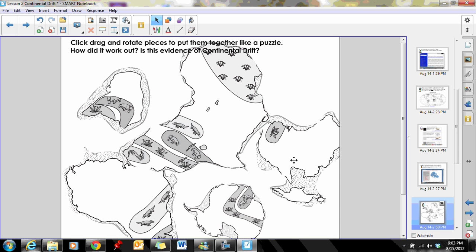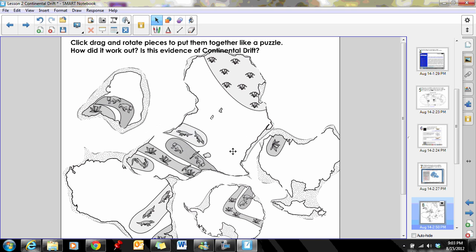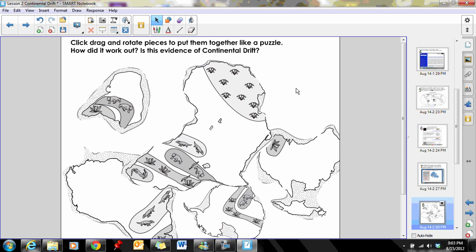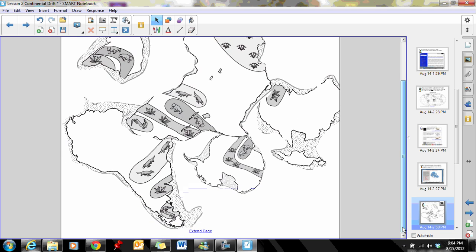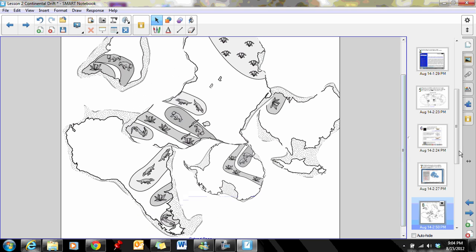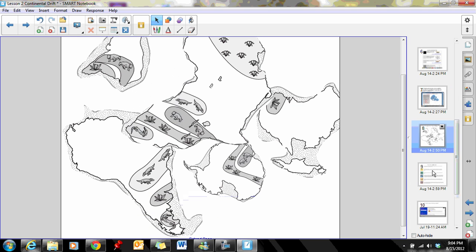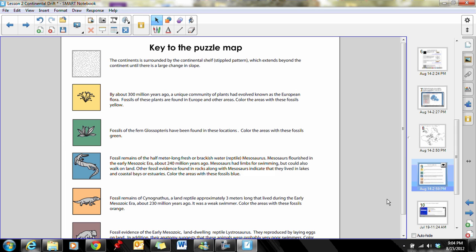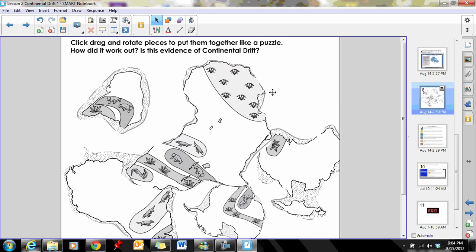So you can determine whether that theory really has anything to hold it together as far as proof. Is there any evidence? It says right here, is this evidence of continental drift? I'm not going to do it. I just want you to do that on your own, in your Smart Notebook file. And this is the key that goes to this puzzle map, so you can be aware of what all of these little icons and pictures mean.